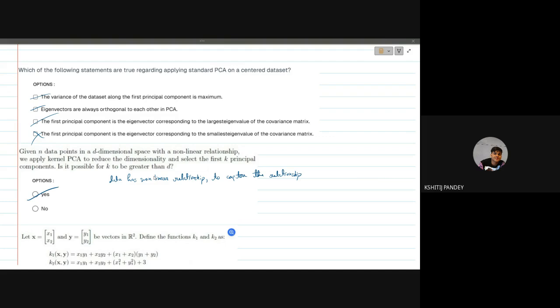Hello, anyone? Is this clear? Okay, is my screen not visible? Yes, it's clear actually. Okay, let's move ahead.